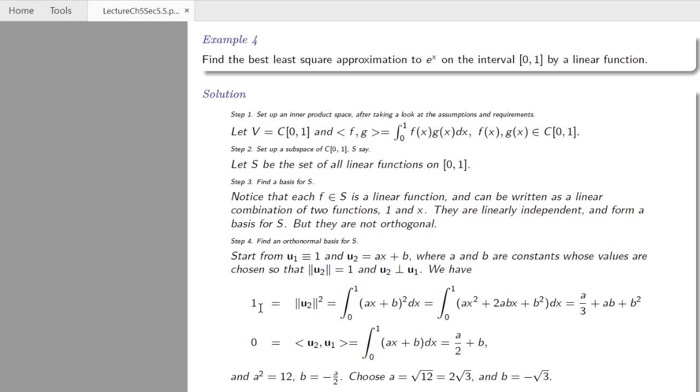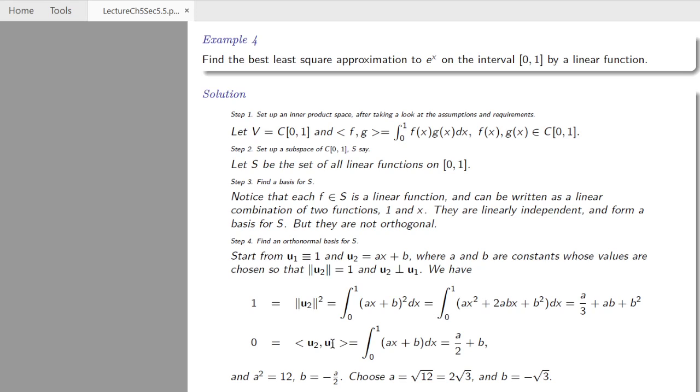So in that way, 1 equals the square of the length of u2. By definition, here we need to evaluate this integral, and we can easily get this form. And then because it is orthonormal, these two vectors need to be orthogonal, so 0 equals the inner product between u2 and u1.